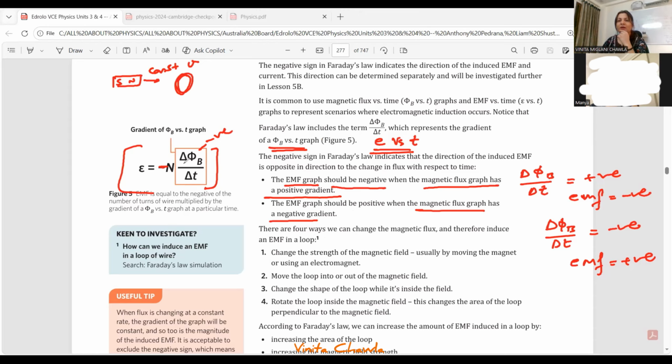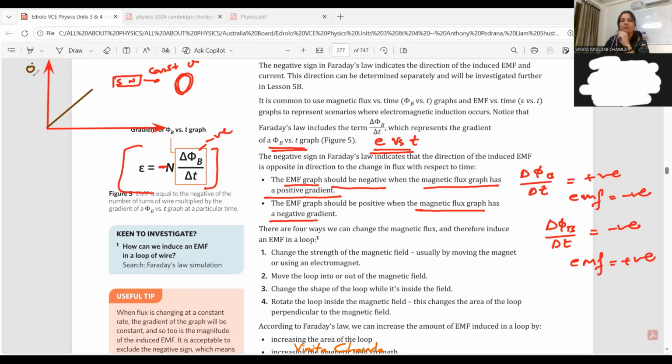If I want to draw this graph, increasing because we are moving the magnet towards the coil, then how will we draw it? We can draw like this.